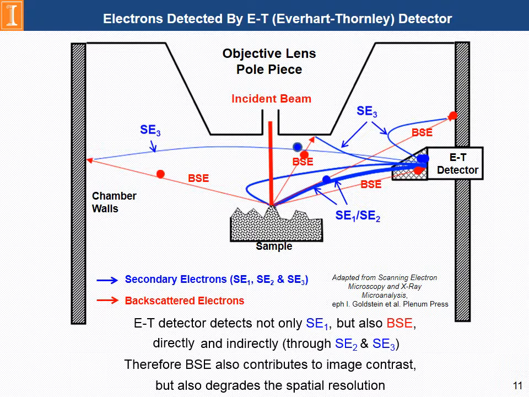So therefore, backscattered electrons also contribute to the image acquired by ET detector, but it will degrade the spatial resolution.